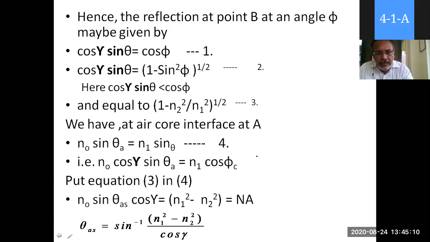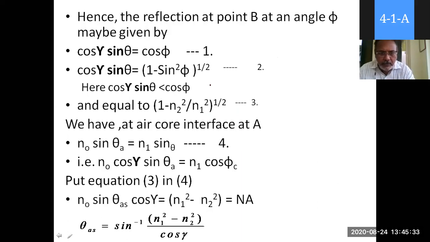Actually I skipped some of the points here because it is just a PPT. At point 1, cos gamma sin theta is equal to cos theta cos phi, where cos phi is the critical angle inside the core.